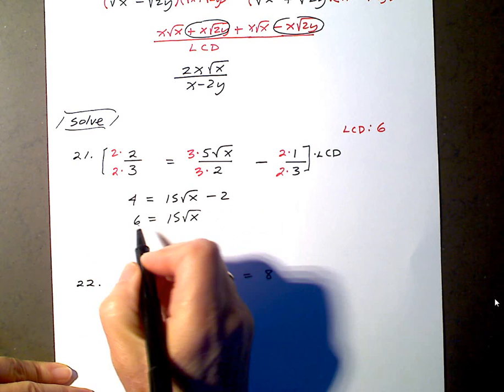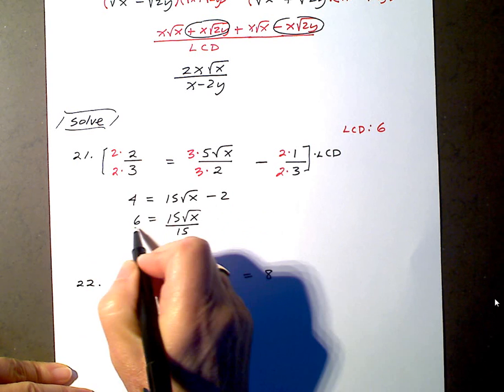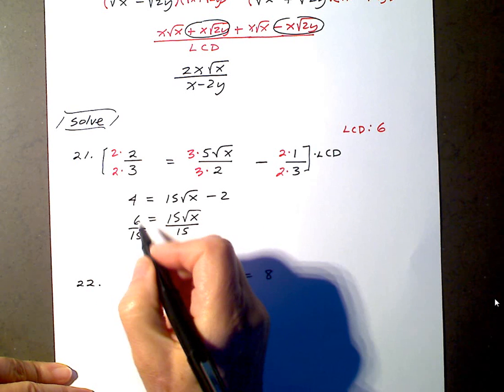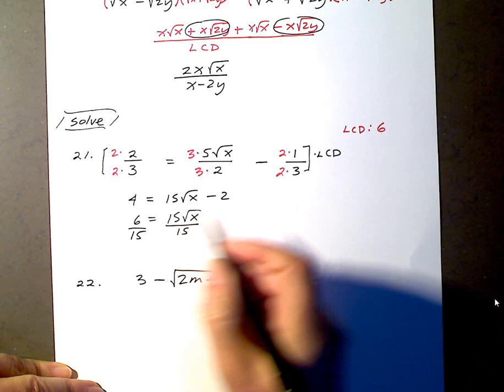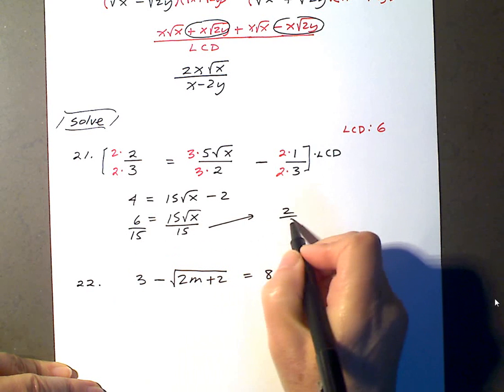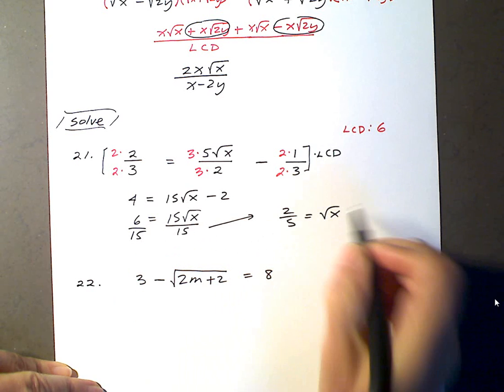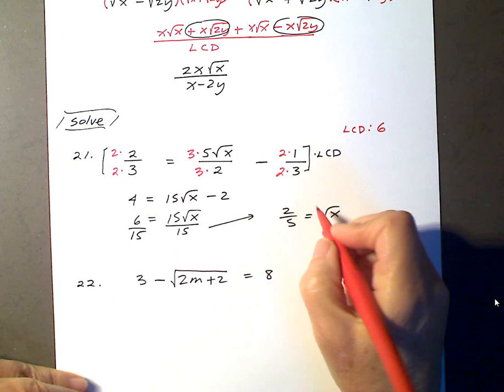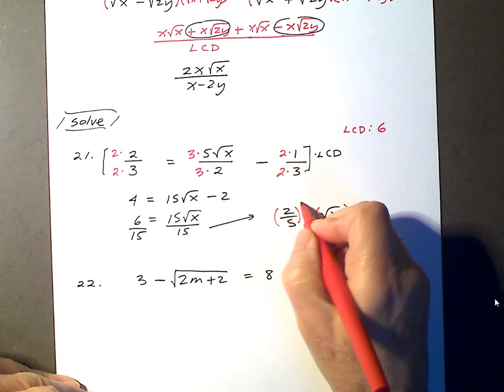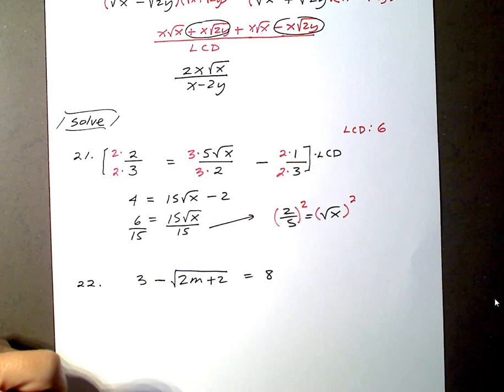I'm going to divide both sides by 15. So 6 over 15, this is 2 3s and 5 3s. So this is 2 fifths is equal to the square root of x. So now I know in order to solve, this is a square root, so I'm going to do the inverse of taking the square root, which is to square both sides.